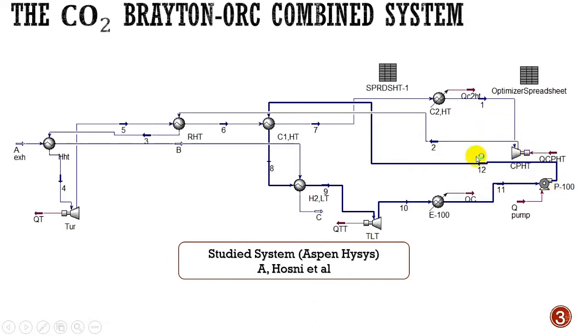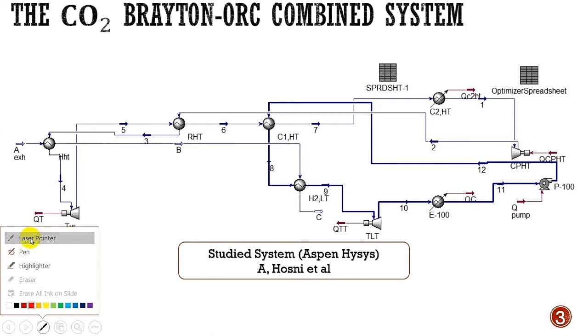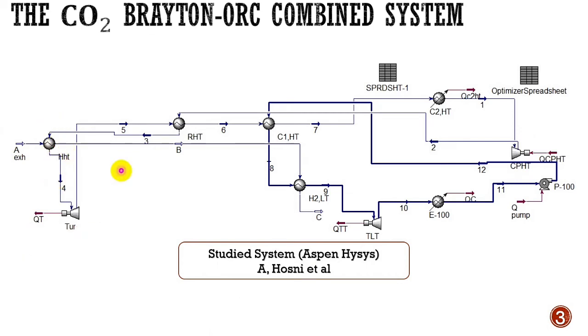compresses the carbon dioxide, which then enters the regenerator. The regenerator outlet, in state 3, is further heated by the exhaust in the HHT, of course, and here the HHT.